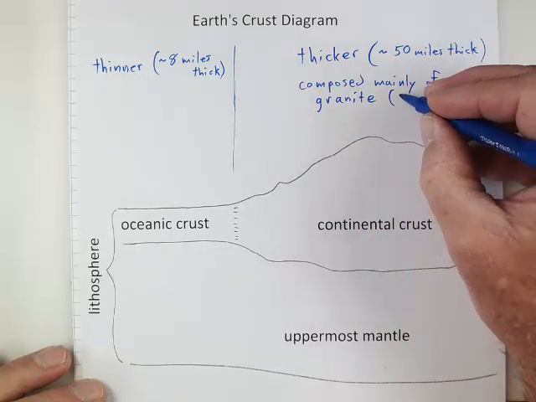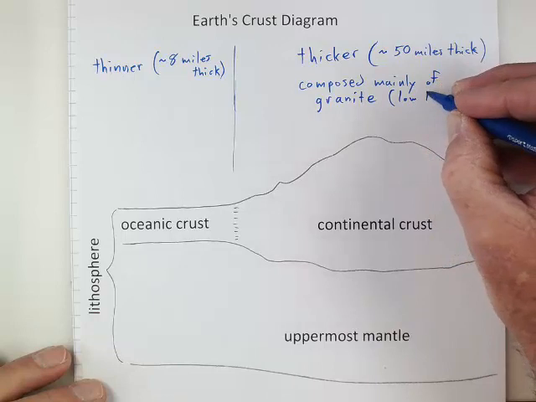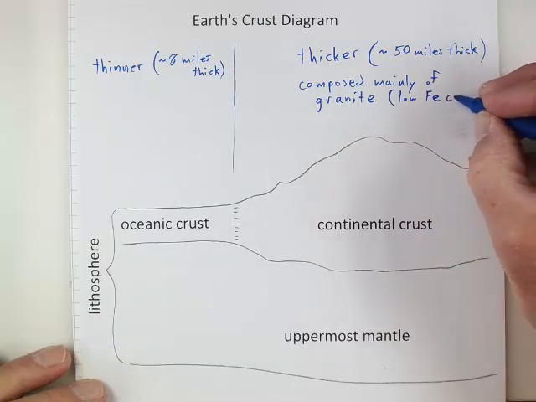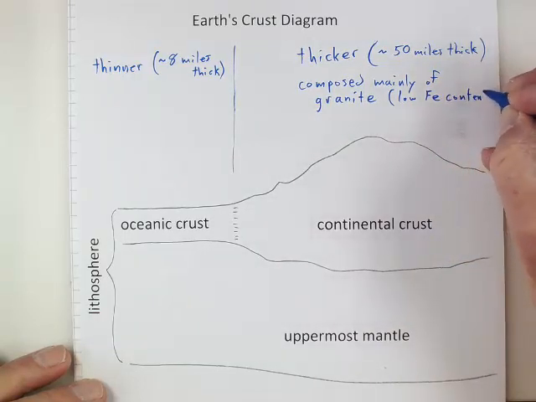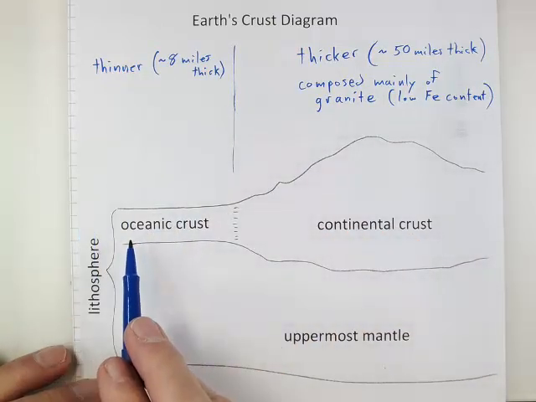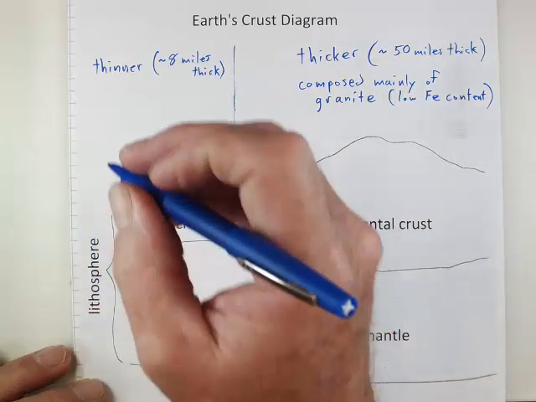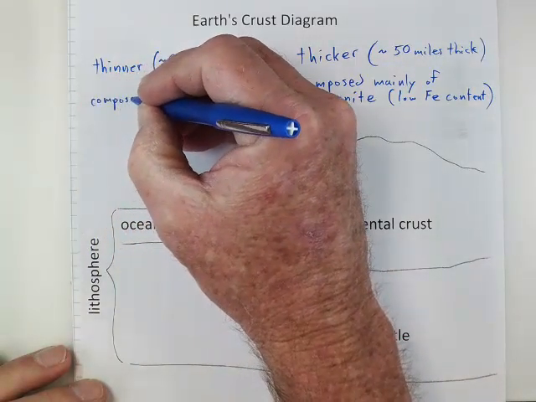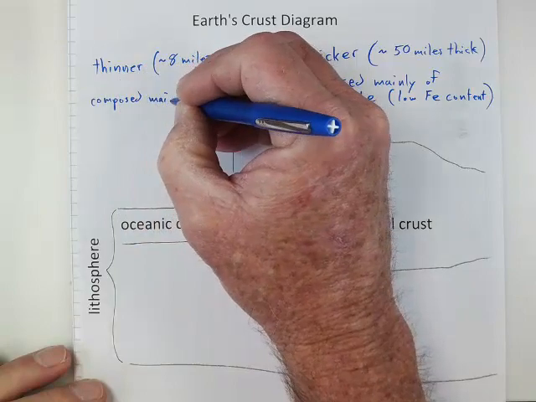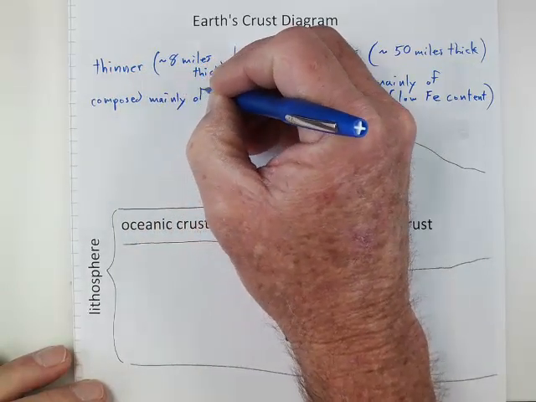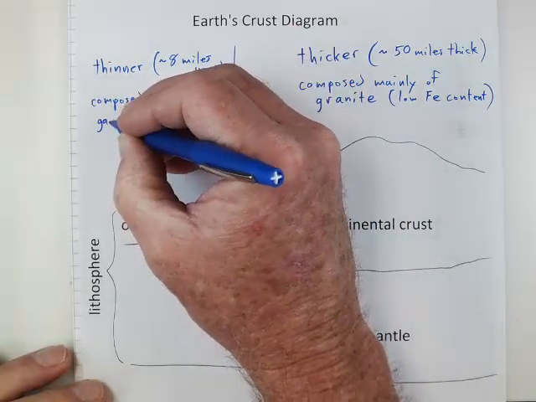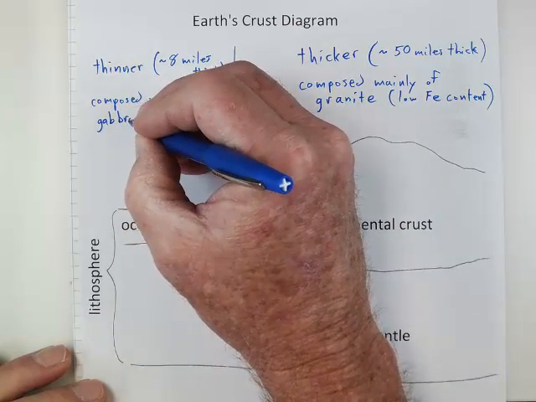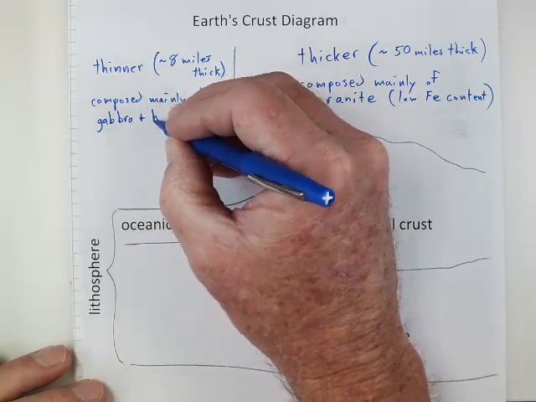Granite has a low iron, Fe, content. Oceanic crust is composed mainly of a rock called gabbro and a related rock called basalt.